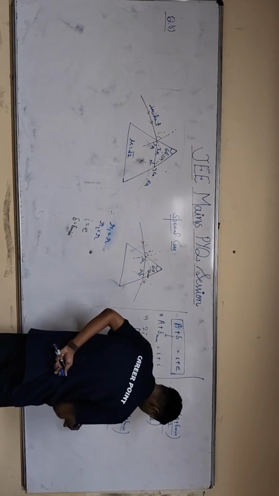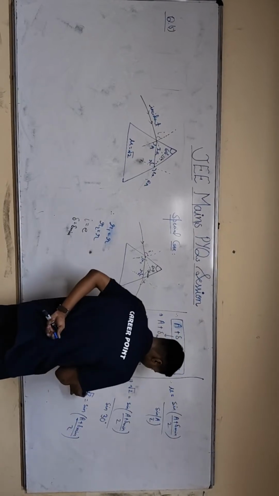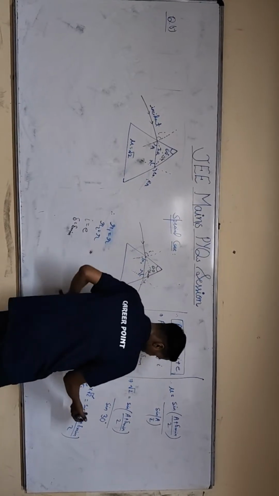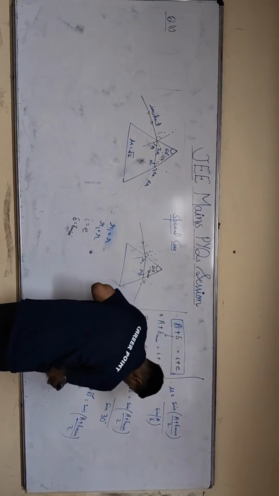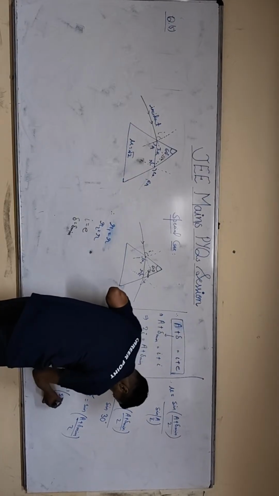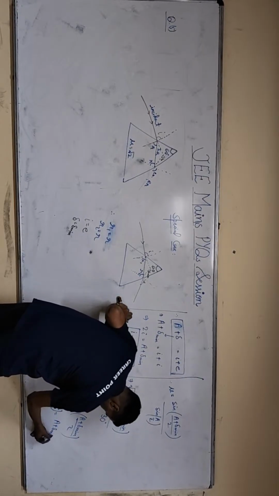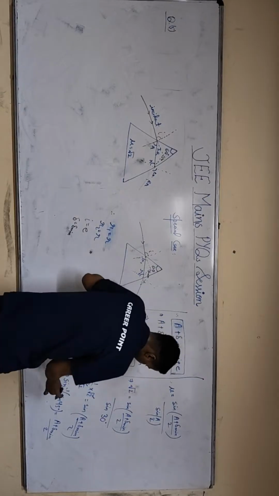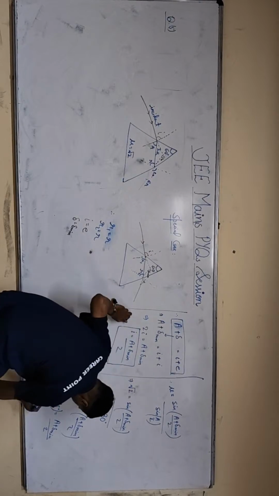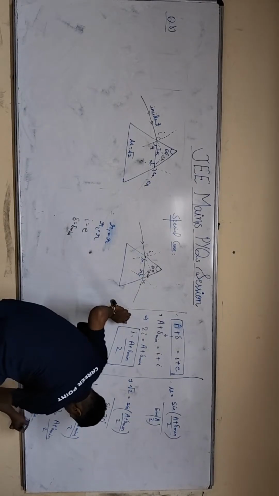Sine of (A + deviation minimum) over sine 30 — so cancel out. Sine comes to the left-hand side, so it becomes sine inverse. And sine of 1/√2 is sine 45, so A + deviation minimum by 2 is sine inverse, and sine inverse and sine cancel out, it becomes 45 degrees. So this is the value of (A + deviation minimum) by 2, and it is equal to the angle of incidence.